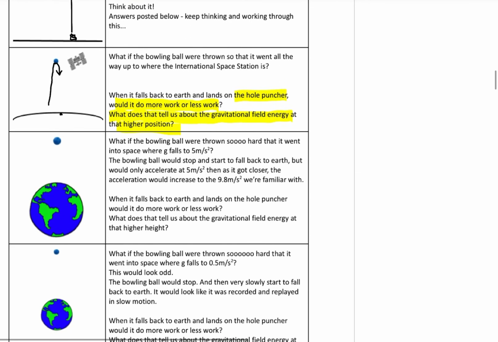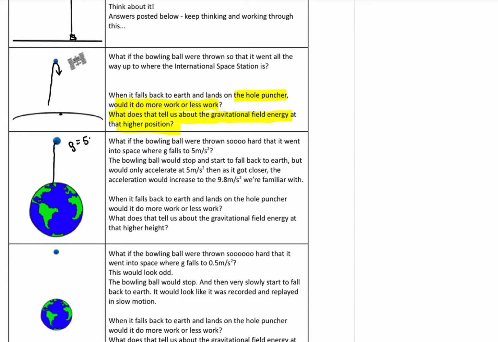Okay, now we're getting really ridiculous. What if I throw it so high, it goes past the birds, past the International Space Station. Basically, it's almost like it's way out in space. When it gets to that point, it's so far from Earth that instead of falling at 9.8, it only falls at a rate of 5 meters per second squared. It's going to turn around. It's going to fall with a rate of 5 meters per second squared here. As it falls, we're going to ignore air resistance.